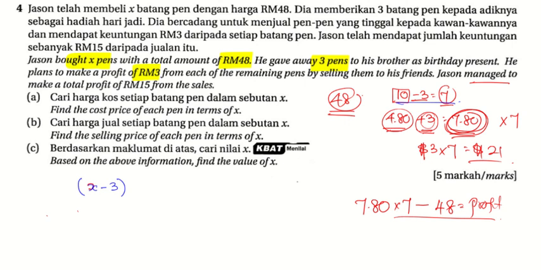The total profit will be the number of pens times 3. Okay, if you have 7 pens, 7 times 3 is 21. That is the profit from selling the pens. Right or not? After you sell the pens, you get extra profit of 21 ringgit.